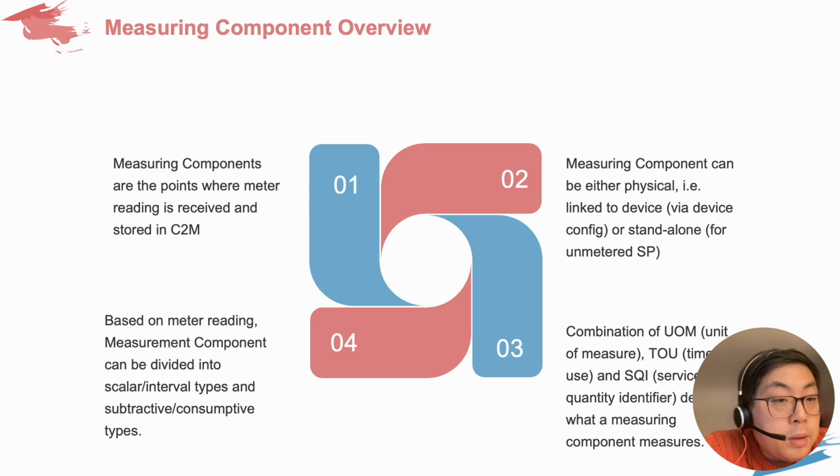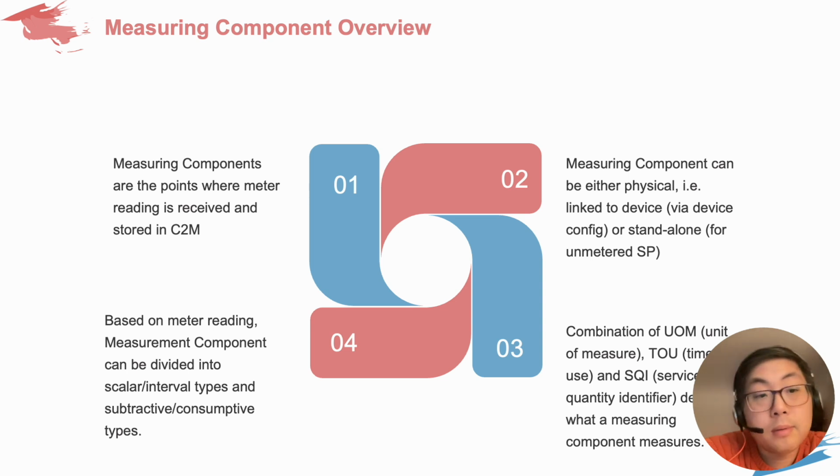Last one, based on meter reads, measuring components can be divided into scalar and interval types. So for NHH, it's scalar, for half hourly, it's interval, and also subtractive and consumptive. In most cases for non-half hourly, if we get a meter reading, it is scalar and subtractive, which means if I want to calculate the consumption, I will use the current reading minus the last reading.